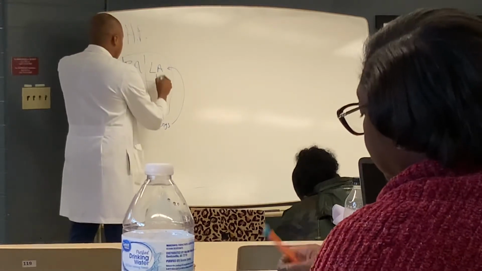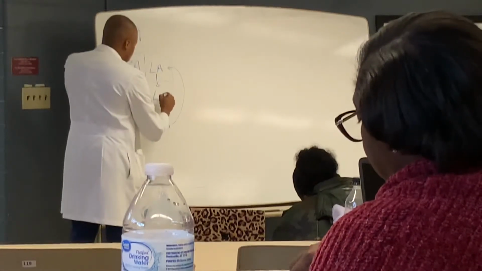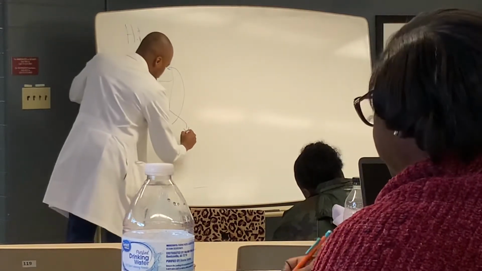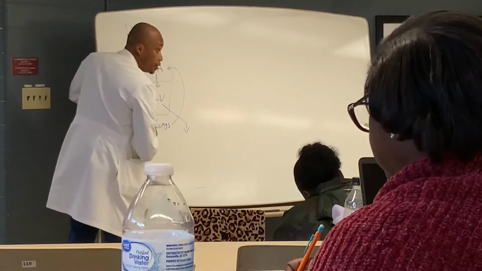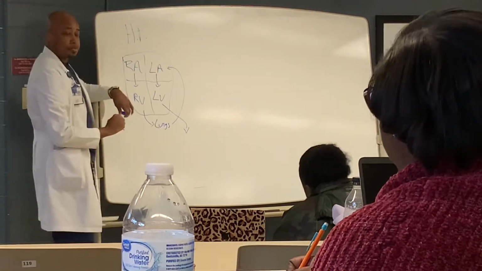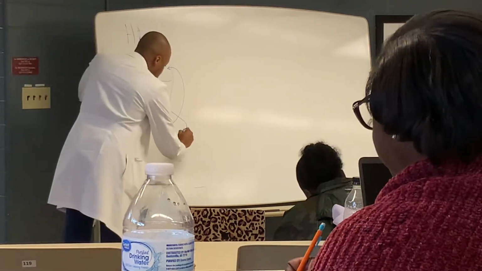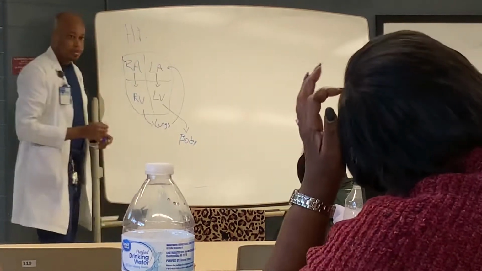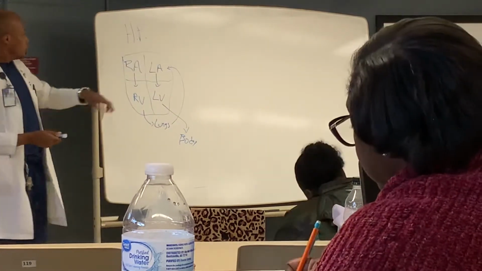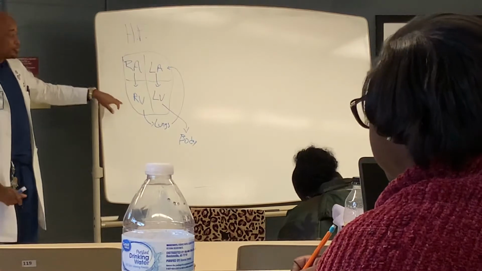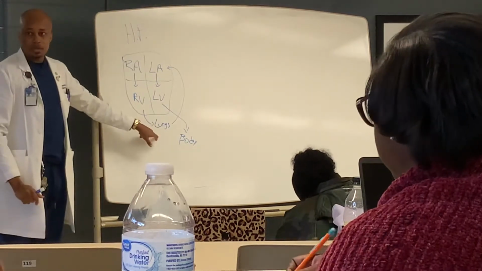From there, it goes where? And then from left ventricle, it goes where? Aorta to where? To the body. Okay? So, right atrium, right ventricle to the lungs.